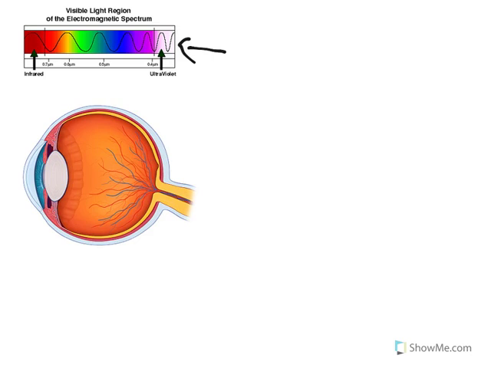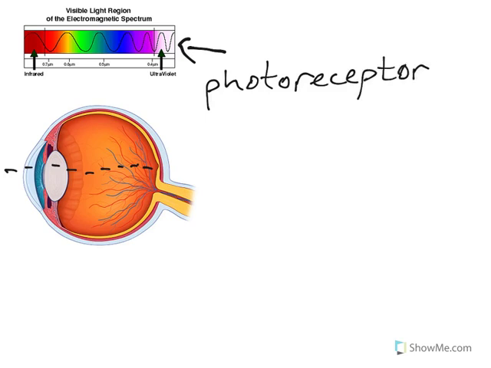So a wave of light travels into the eye and hits back here at the retina, right? Well, the retina contains a specialized group of cells that we call photoreceptors. Photo being light, receptor meaning receiver.